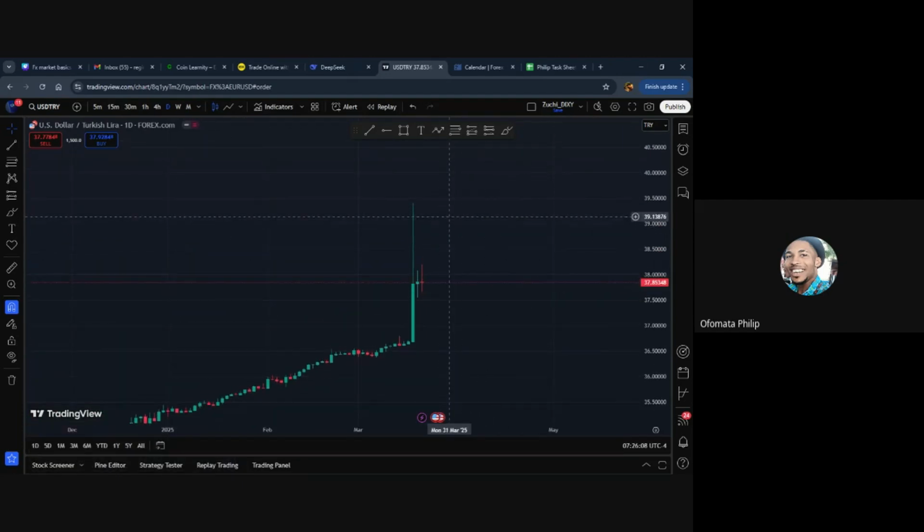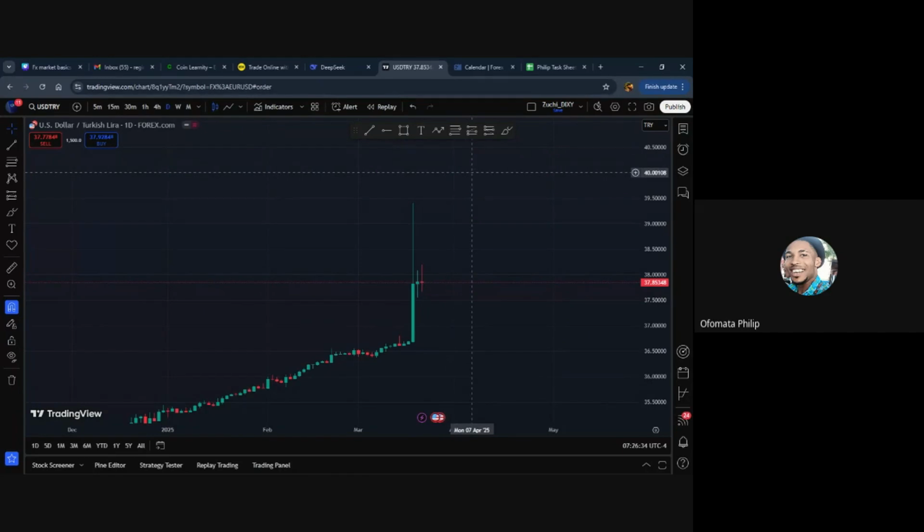So if it is increasing, it means the value of the United States dollar is actually going up and the Turkish lira is losing its value, because right now it is at 37.85, and by next week when the market opens, it is now at 40 Turkish lira for $1.